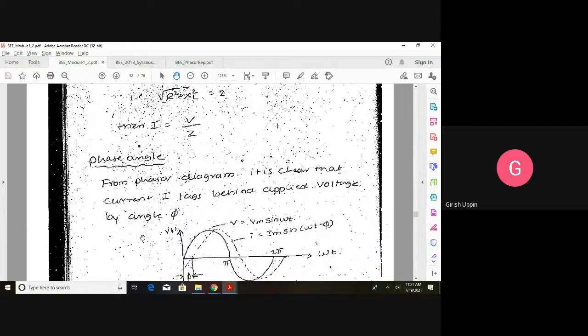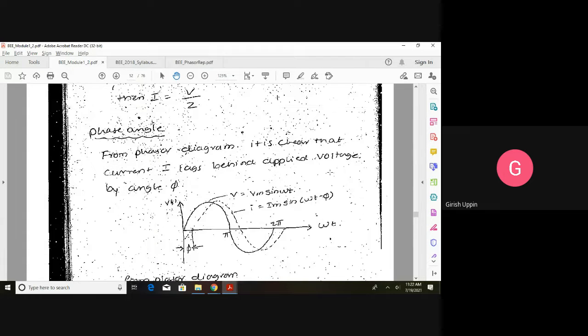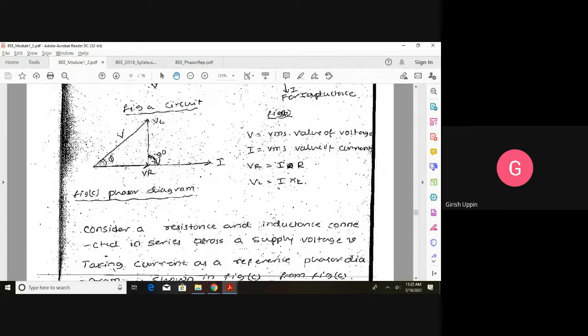Now, phase angle. Already we saw the equation for the given voltage: V is equal to Vm sin omega t. Current is I is equal to Im sin omega t minus phi. How did we write this equation? It is from the phasor diagram. Try to understand the phasor diagram.